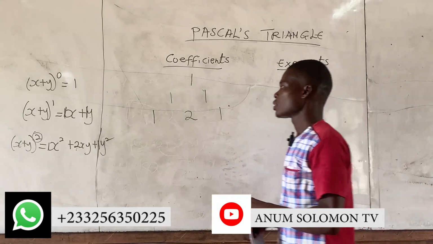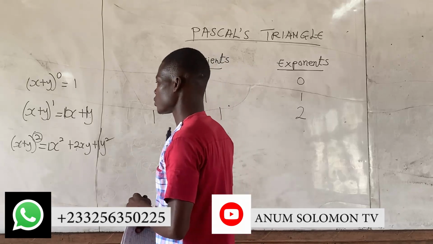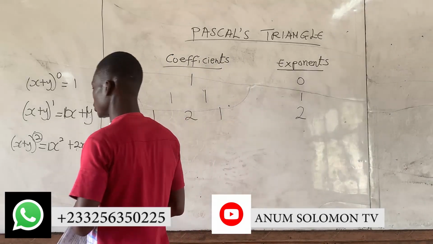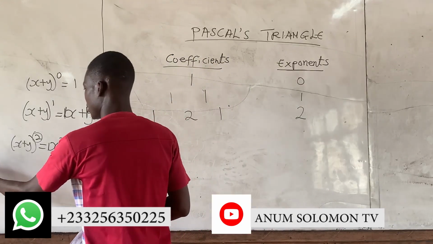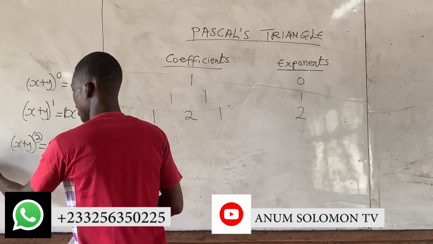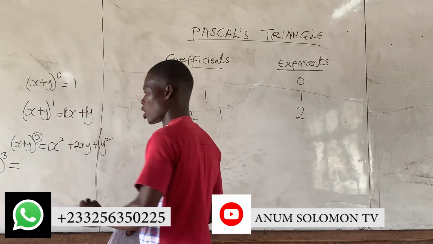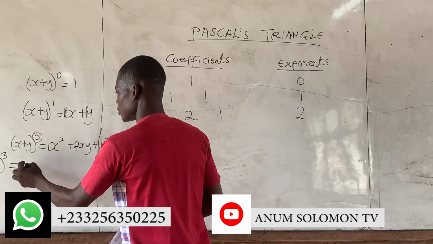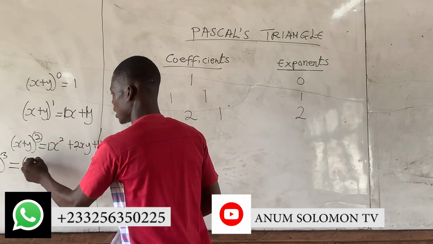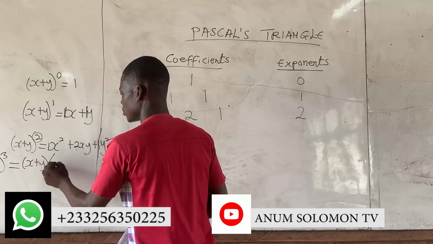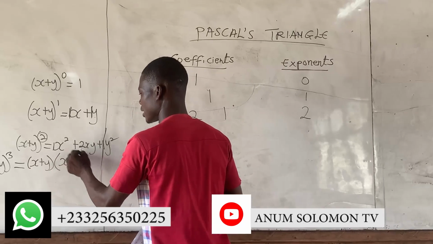Now let's move on to power 3. We have (x plus y) power 3, which is equal to (x plus y)(x plus y)(x plus y).